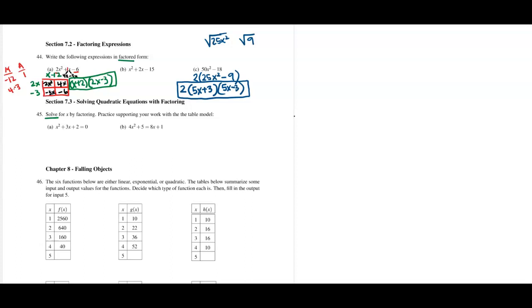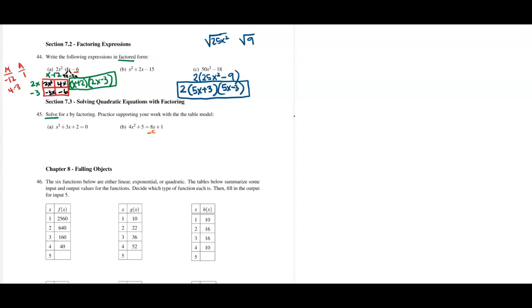Okay. All right, let's look down maybe a little bit more. Let's go ahead and do part B on number 45. All right, so on this one, notice that first of all, this is not in standard form. And so it's telling you to solve by factoring, right? But in order to do that, we've got to get it in standard form first, which means we need to get everything over to one side so the other side is equal to 0.